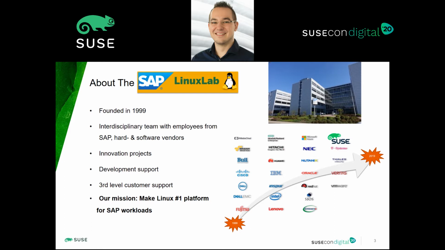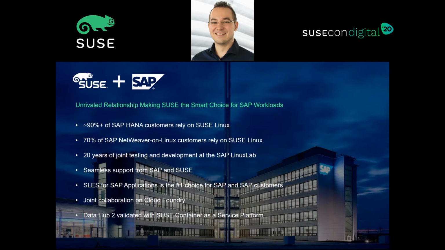Since everything we do is open source, the collaboration between all partners works seamlessly because there is no real big competition. And as SUSE and SAP are working very closely together in the SAP Linux Lab, the strong relationship can be expressed by some values like 90% of SAP HANA customers rely on SUSE Linux, or 70% of SAP NetWeaver on Linux customers also rely on SUSE Linux.